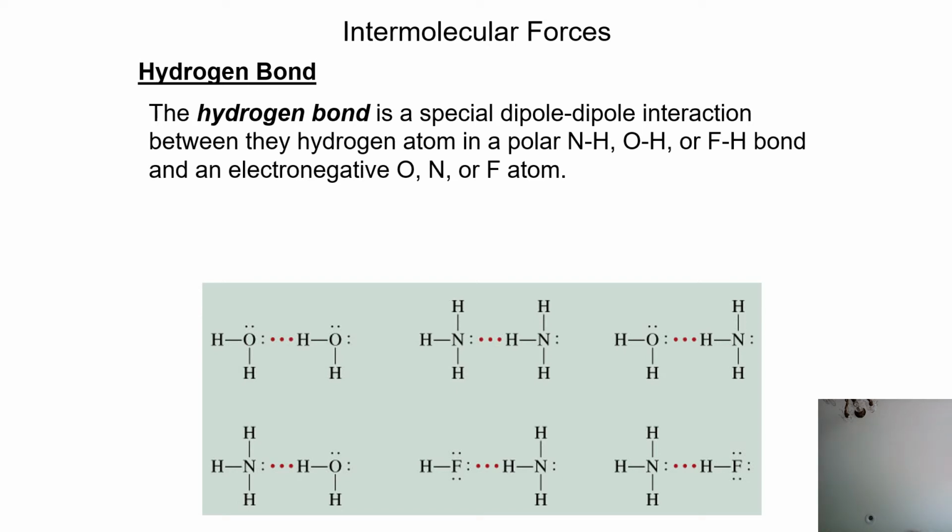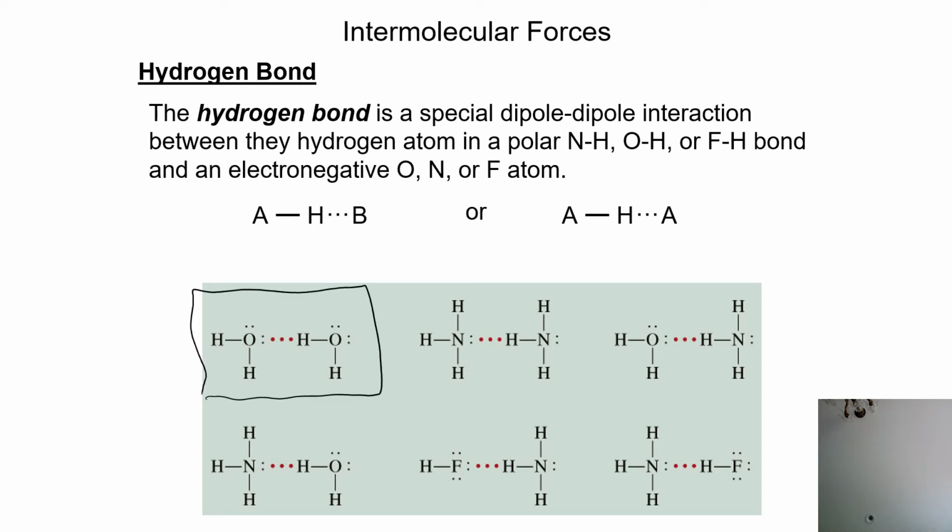Okay, so there are criteria that must be met here. So it's very special, and not many molecules hydrogen bond. But the best example of a molecule that can hydrogen bond, of course, is a water molecule. It has two lone pairs on that oxygen atom, and we have a hydrogen bonded to it.